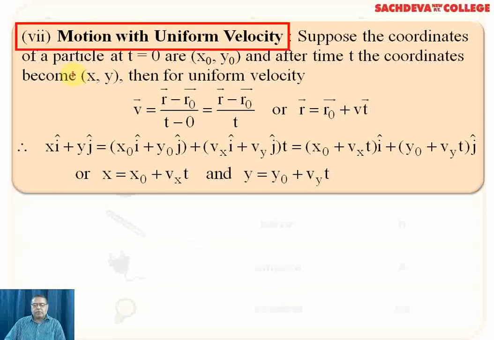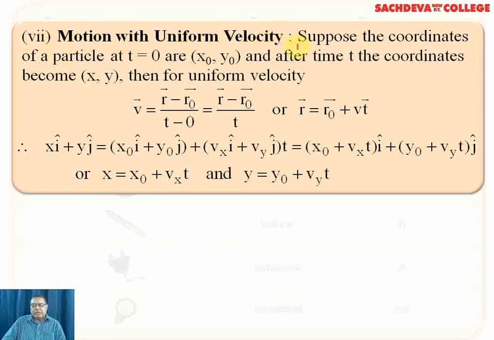Now next is motion with uniform velocity. Uniform velocity means that as long as the particle is moving, its velocity does not change. It covers equal distances in equal intervals of time. Suppose the coordinates of the particle at t = 0 are x0 and y0, and after time t, the coordinates become x, y.